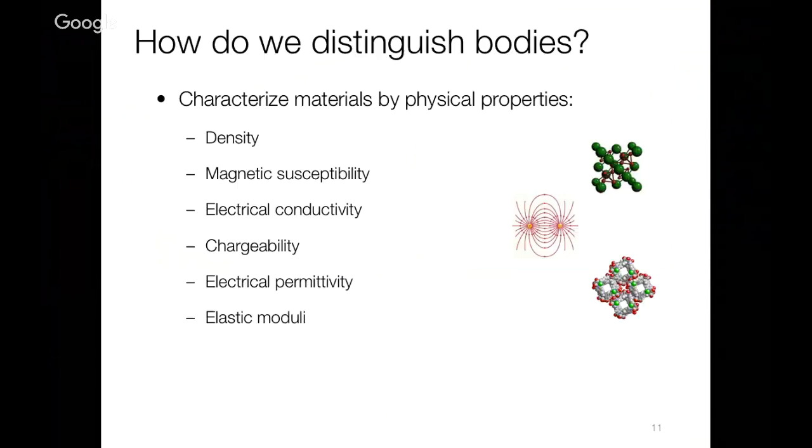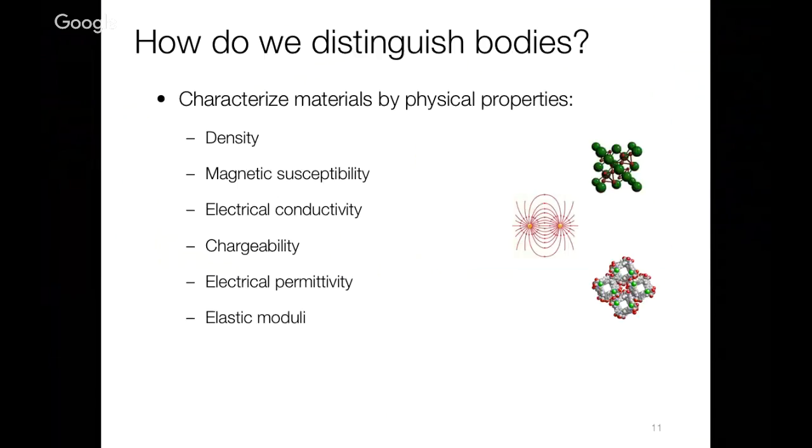Electrical conductivity tells you how easy it is to pass electrical current through something. Chargeability, for anybody who has been connected with an induced polarization experiment, or IP, is the phenomenon that the Earth can actually act like a capacitor.